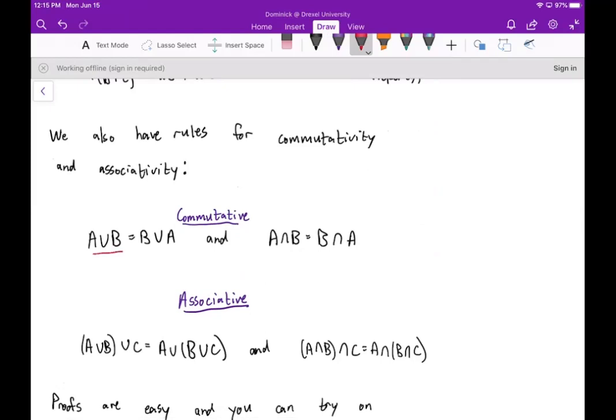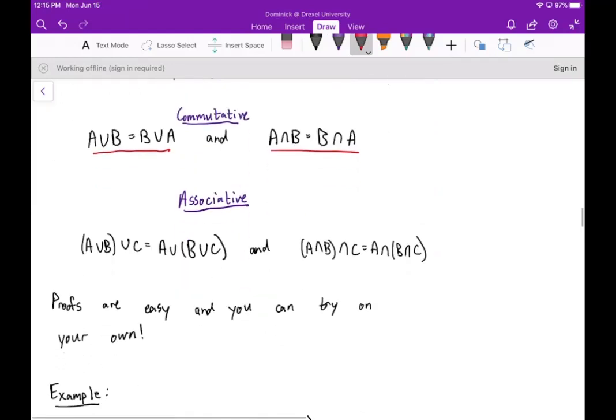The commutative properties just mean that the order doesn't matter when you're looking at set intersection or set union. And for associative, the order in which you do these things doesn't matter as well. The proofs of these are very simple, and if you wish, you can try them on your own, although there's not much to them.